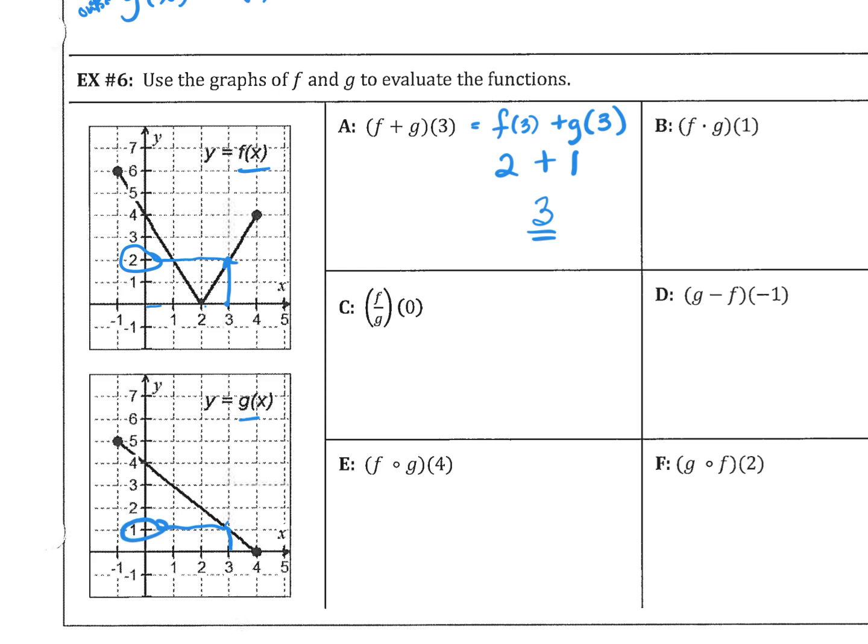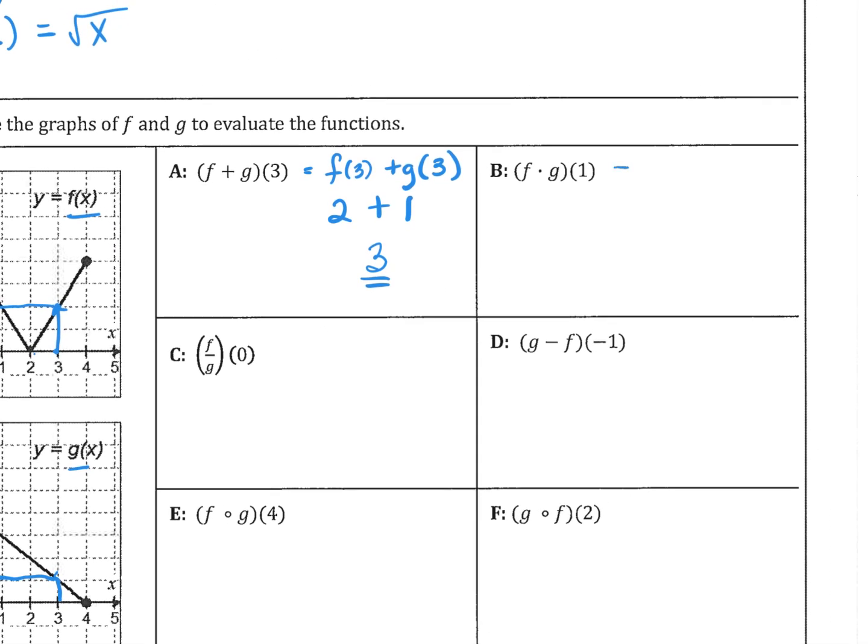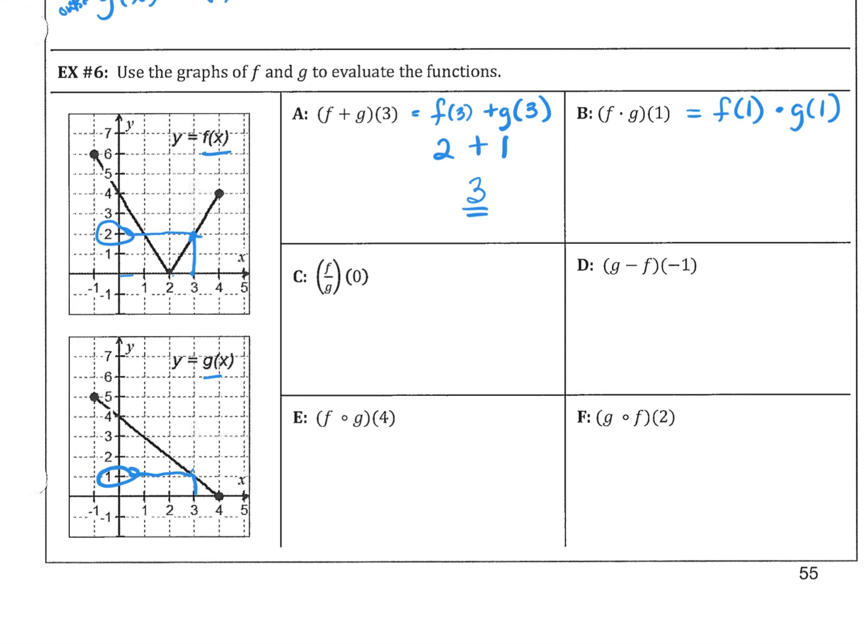Okay, so what about f times g of 1? This would be f of 1 times g of 1. So I want you to look on both of those graphs and find f of 1 and find g of 1. And then multiply them. Did you get it?